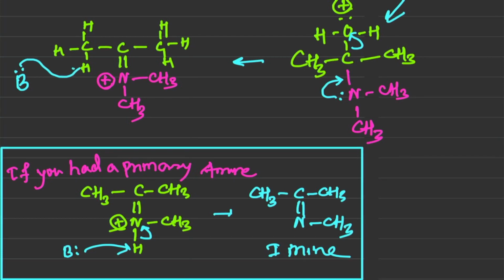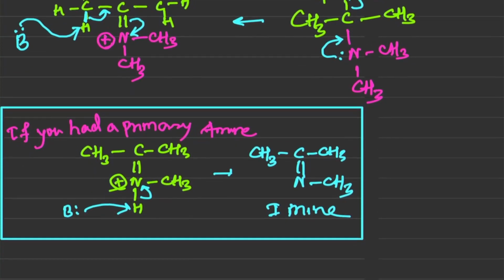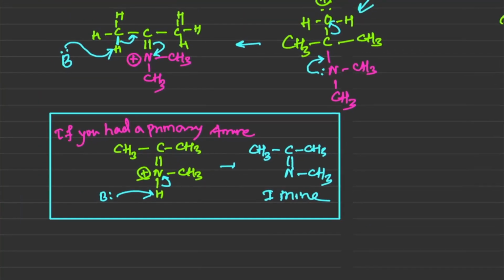Your base would abstract one of these hydrogens, which means those two electrons would move to here, and these two electrons would move to nitrogen. And then, oh no, we're out of space, so let me move this one out of the way.